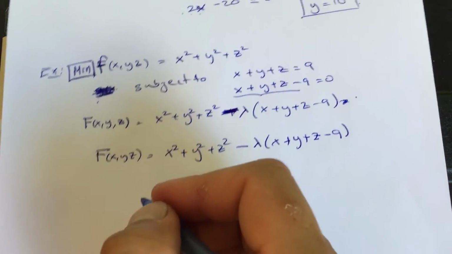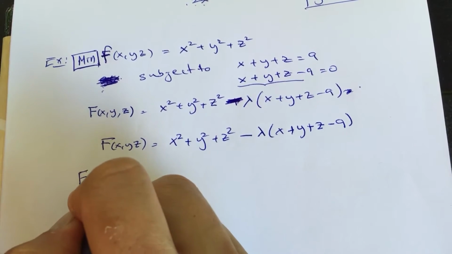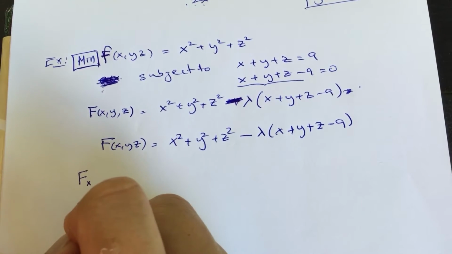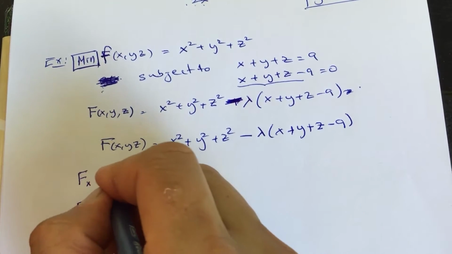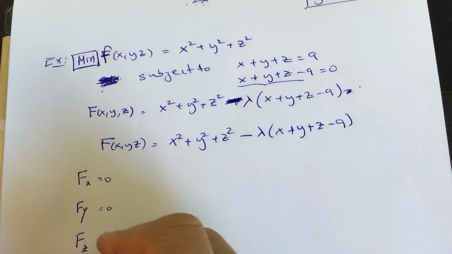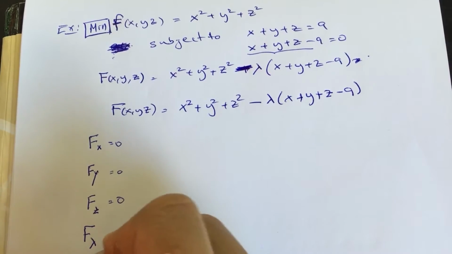Okay, so how do we do this? Again, now we have 3 variables, and we have to take f sub x, and want this equal to 0, f sub y, f sub z, and want each one of these equal to 0. And also don't forget the Lagrange multiplier, f sub lambda equals 0.